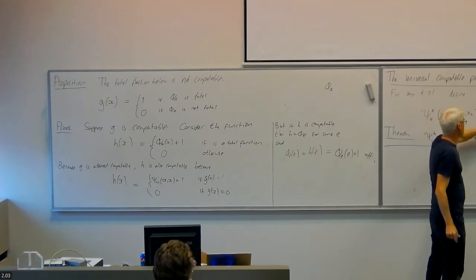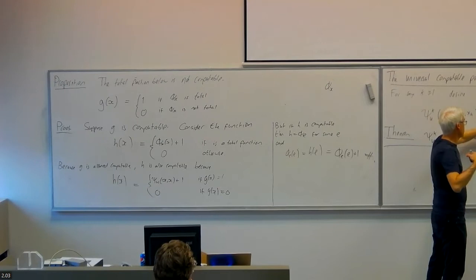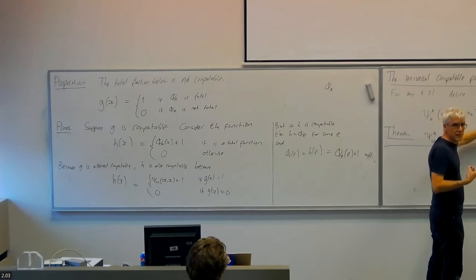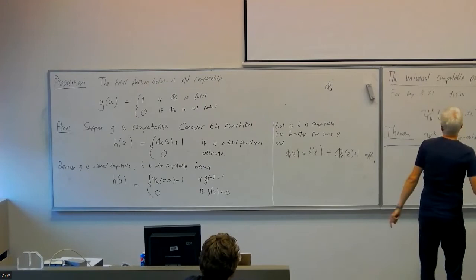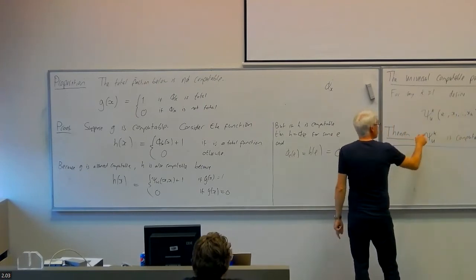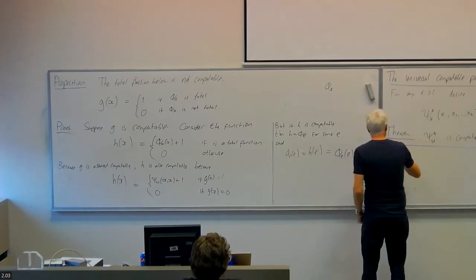So we were viewing a function that takes an index e to be computable partial function phi sub e as a representation of the k-ary computable partial functions. So the equivalent statement of psi u being computable is the following.